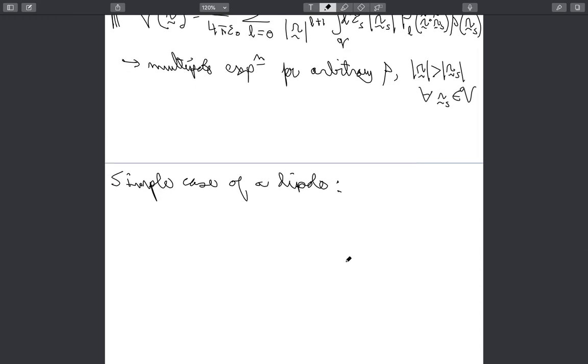In the case of a dipole, I'm going to take charges plus or minus q and put them at plus or minus some vector d over 2.